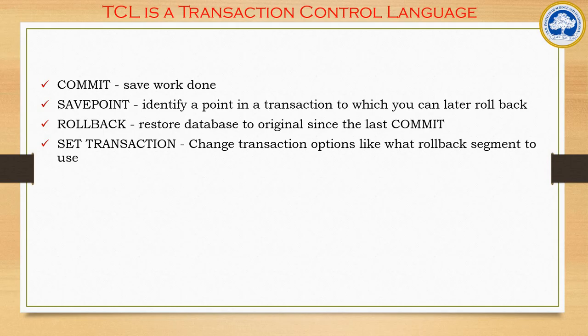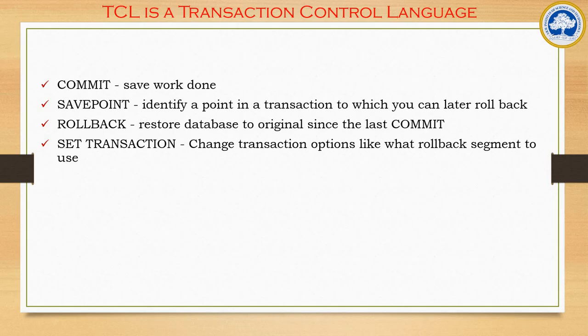The next one is savepoint. It identifies a point in a transaction to which you can later roll back. After some transactions, we may want to go back to a previous point and check what transactions happened. For that we use savepoint. Then the next one is rollback. This restores the database to the state since the last commit.